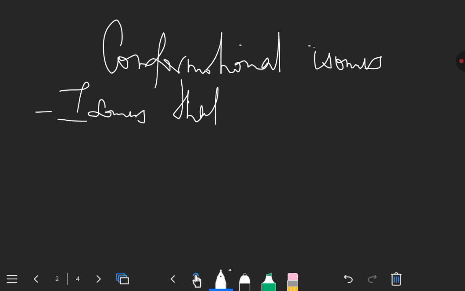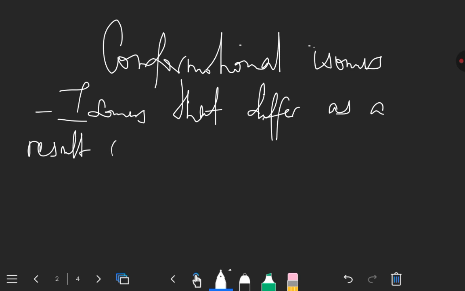that differ as a result of sigma bond rotation.